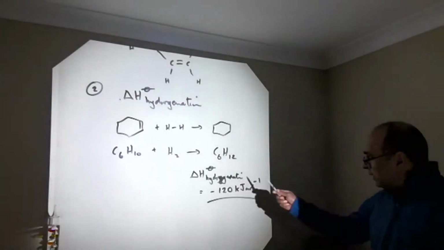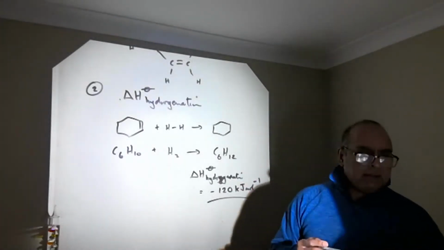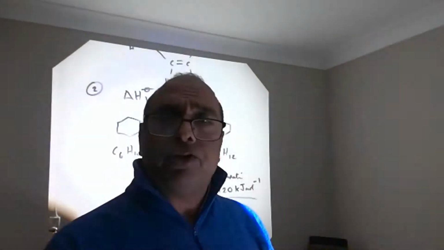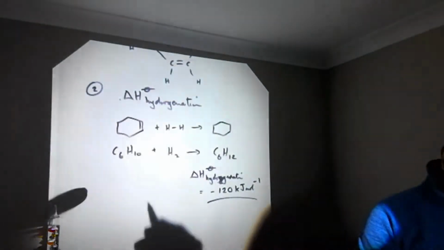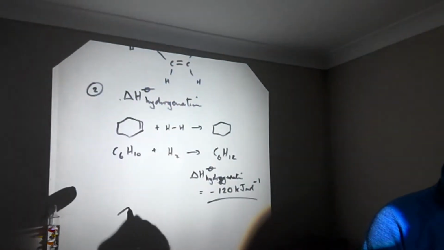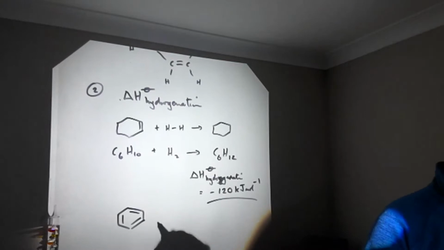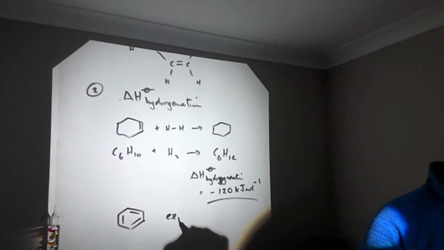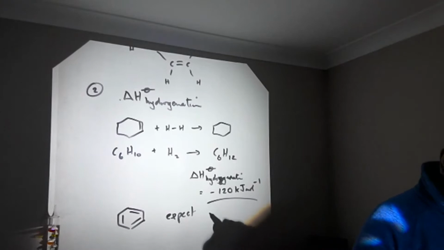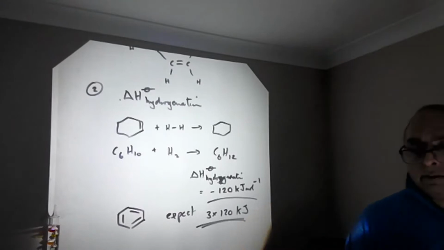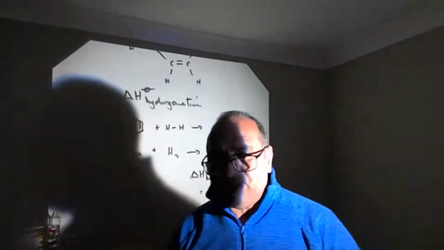Now, if the enthalpy is 120 kilojoules per mole for hydrogenating a double bond, then if benzene were indeed to be the theoretical cyclic triene structure there, we would expect, when we hydrogenated it, 3 lots of 120 kilojoules to be given out per mole of benzene being hydrogenated.